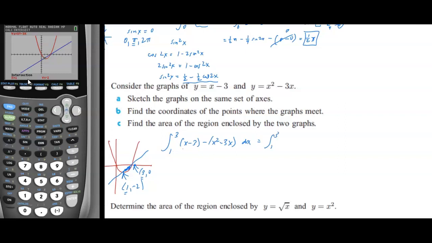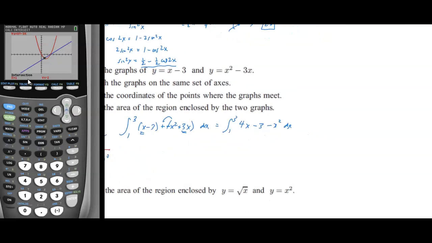Combine like terms. If we distribute the negative sign, this will be negative, and this will be positive, and this will be positive. So x can be added to 3x, so that would be 4x. Negative 3 stays by itself, and then x squared is by itself.